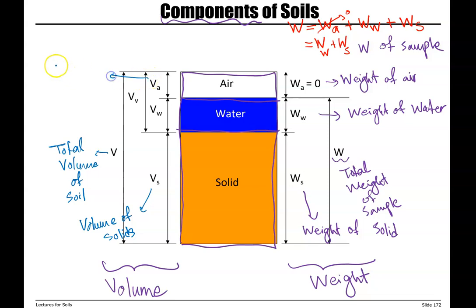Then we have volume of air, volume of water, how much water we have. And as I mentioned in the previous slide, when we add air and water together, it's called void. So we also have volume of voids.